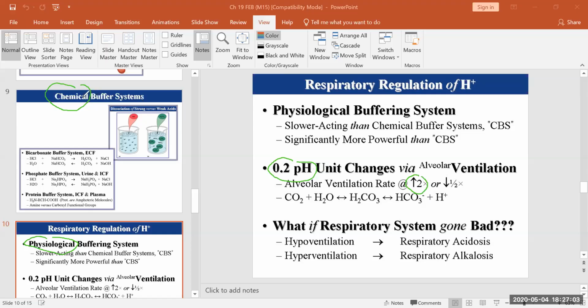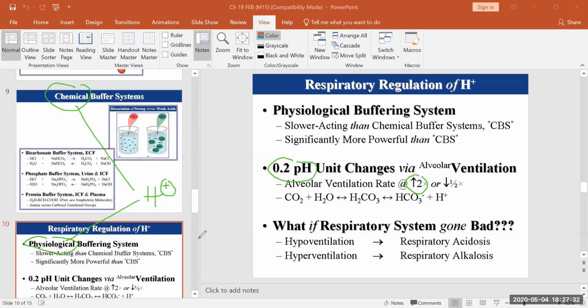However, both the chemical and the respiratory regulation cannot get rid of protons. The proton is still inside the body. So even though they are fast, powerful, whatever you name it, they cannot get rid of the problem. Okay, the accumulating proton is still in the body.